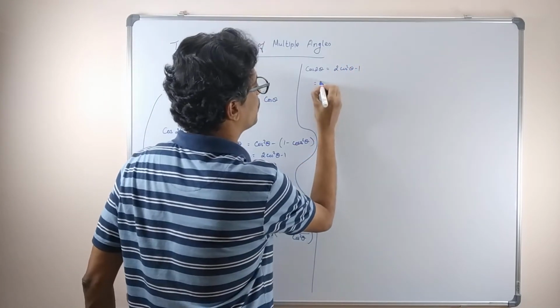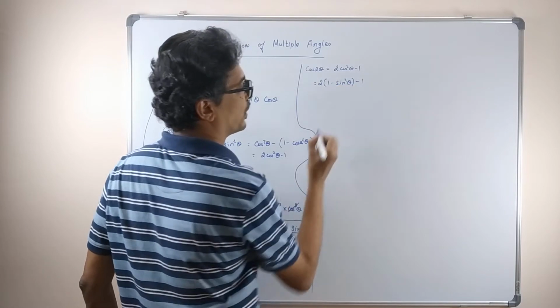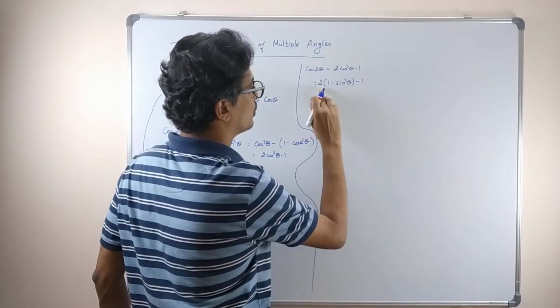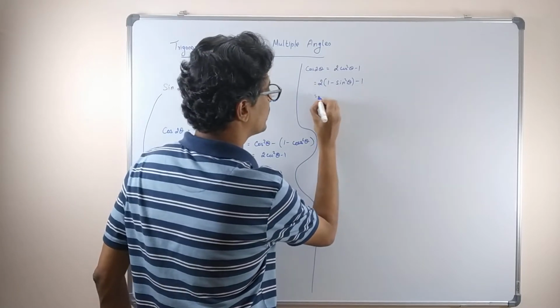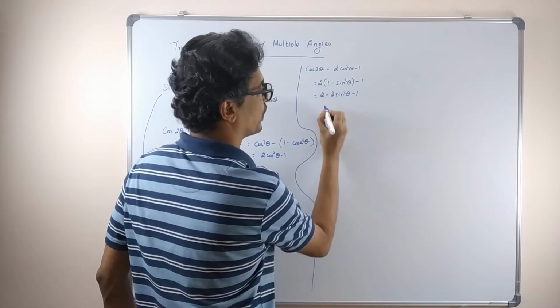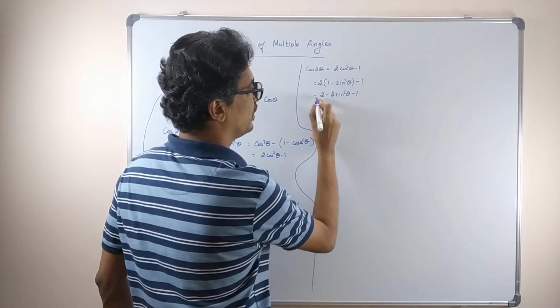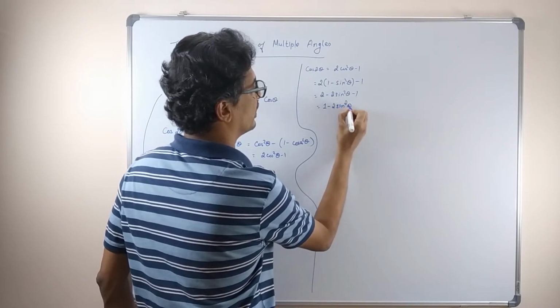So this will be 2 into 1 minus sin square theta minus 1. This will be 2 minus 2 sine square theta minus 1. So 2 minus 1 makes it 1: 1 minus 2 sine square theta.